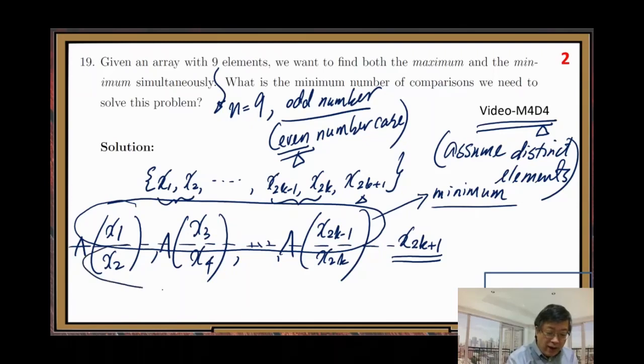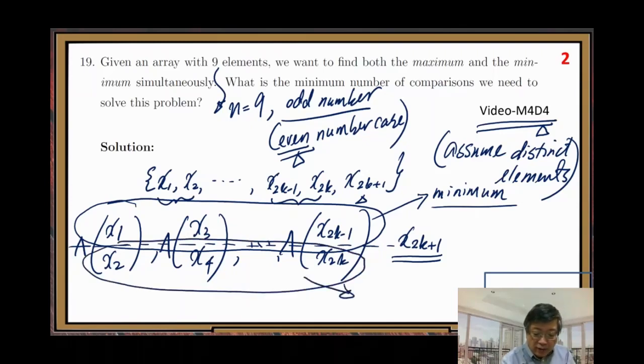And then the bottom group we try to find a maximum, because the top group has no chance to be the maximum. But that is for the even case.